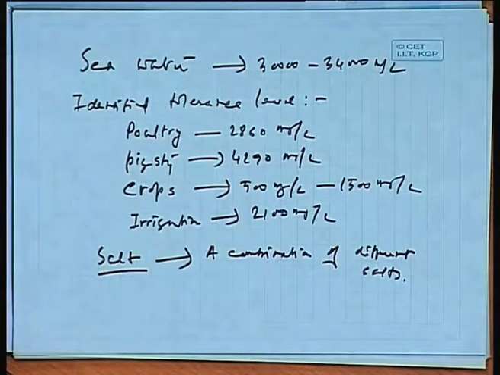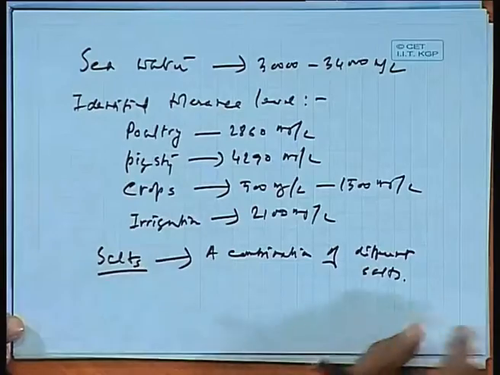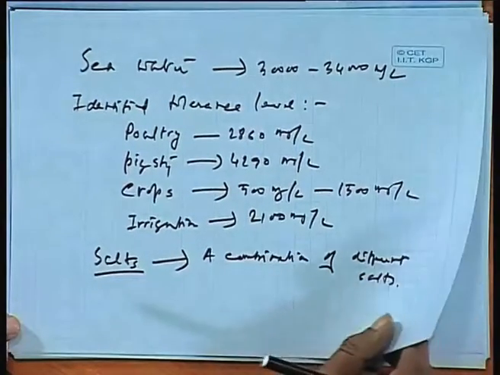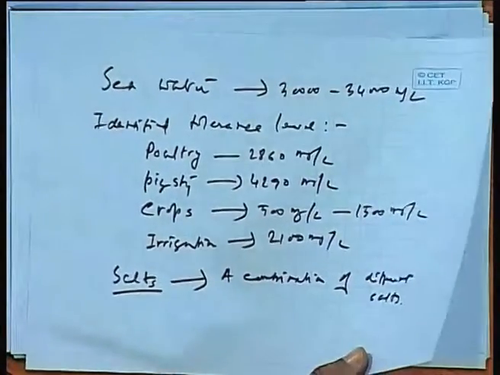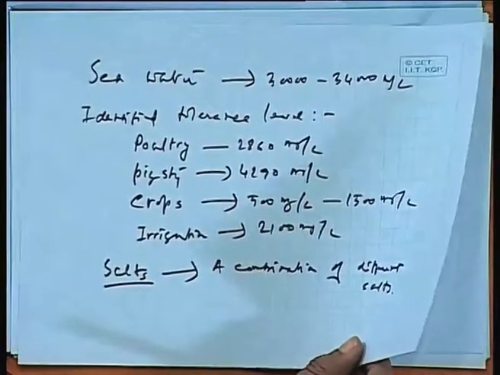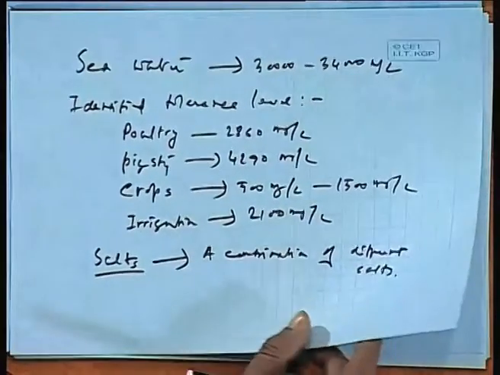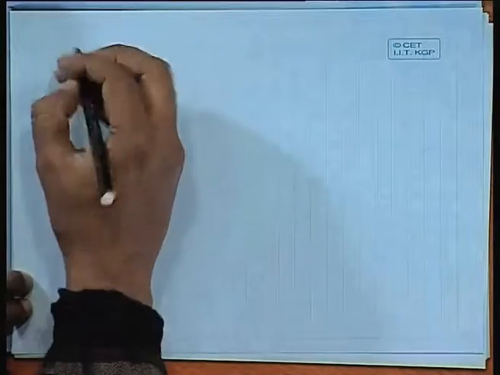Among these salts, we would also discuss the salts of certain heavy metals. We will discuss that in a different class. Before we move on, we would also talk about thermal pollutants.